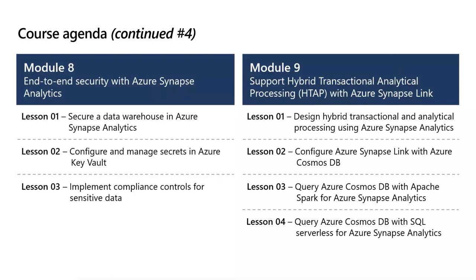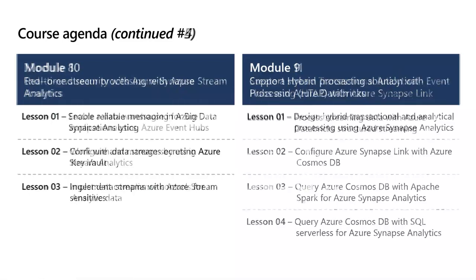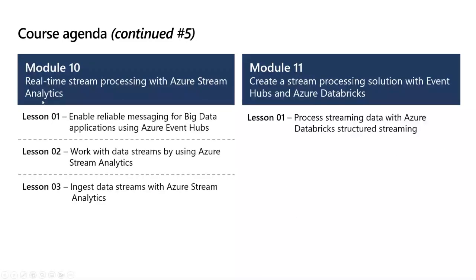So over there, we will see any subject about that. And finally, we will end up with this course talking about real-time stream processing within Azure Stream Analytics, and how to create a stream processing solution with Event Hubs and Azure Data Lake.